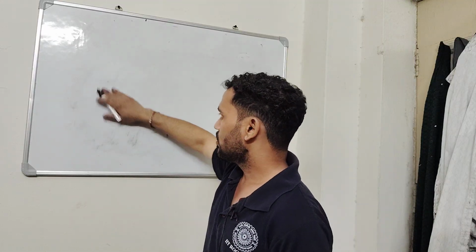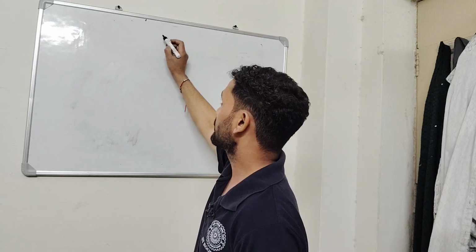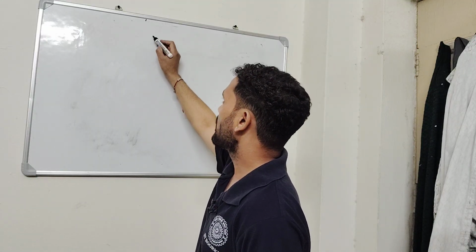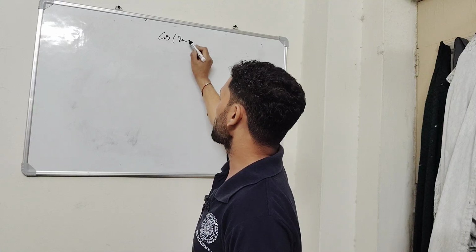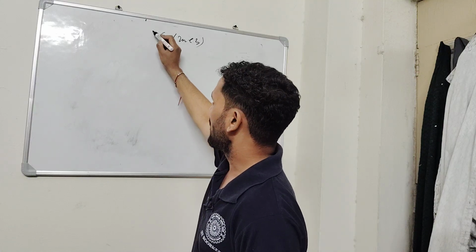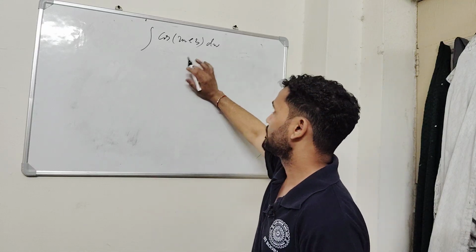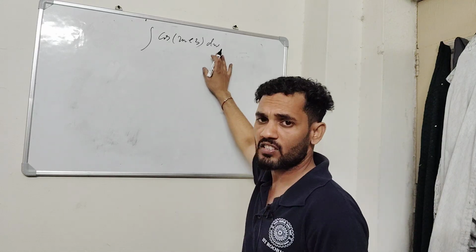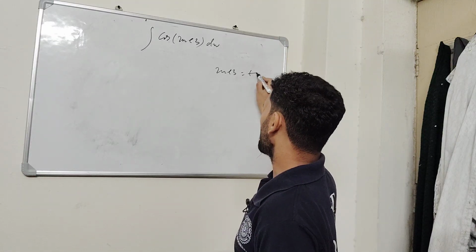This one is also solved by the substitution method. Say, the integration of cos(2x + 3) dx. Simply put 2x + 3 equal to t.